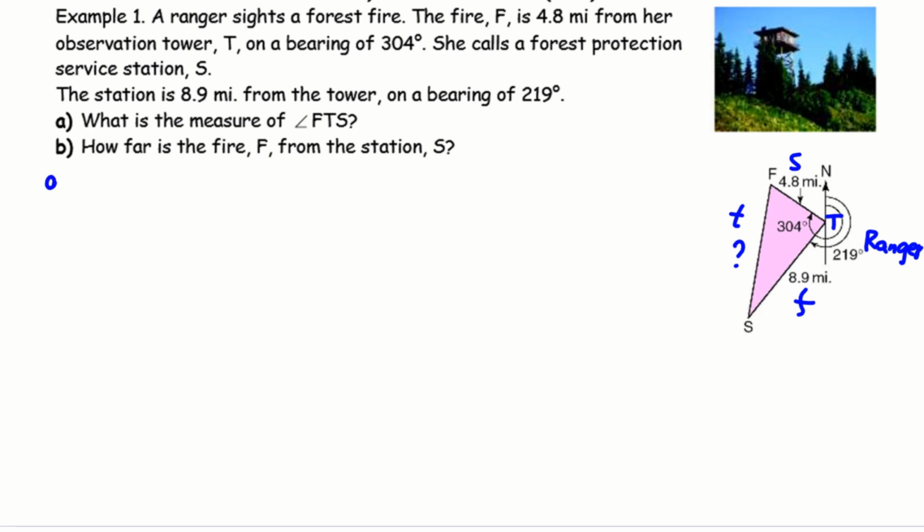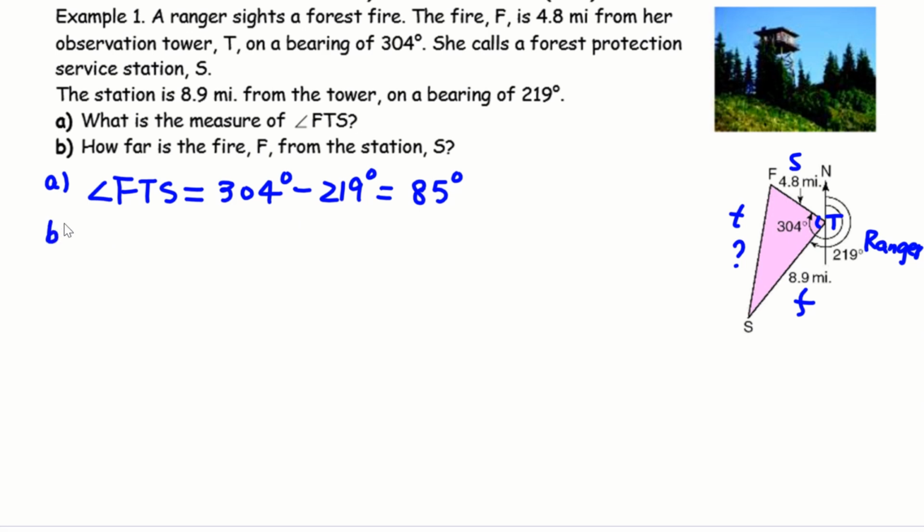So first thing, we want to find angle FTS. You will see FTS is the difference between the two bearings. Difference means subtraction. So 304 degrees minus 219 degrees gives you 85 degrees.